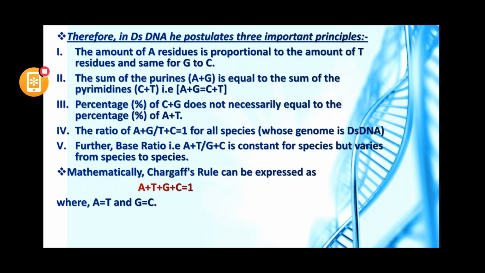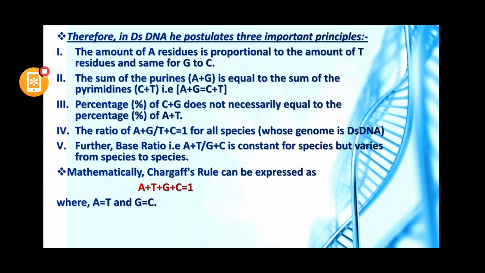First, the amount of adenine residue is proportional to the amount of thymine, and the same for guanine to cytosine, which means that A is equal to T and G is equal to C. Second, the sum of the purines, A plus G, is equal to the sum of the pyrimidines, C plus T. That is, the concentration of A plus the concentration of G is equal to the concentration of C plus the concentration of T.